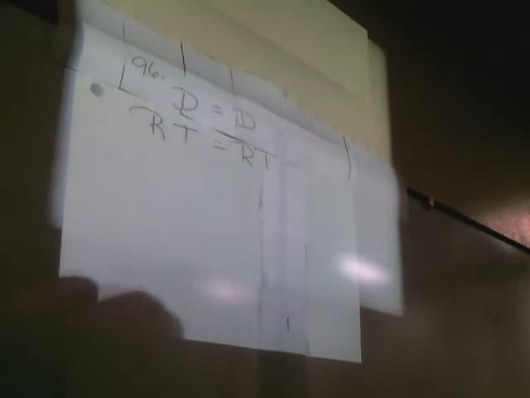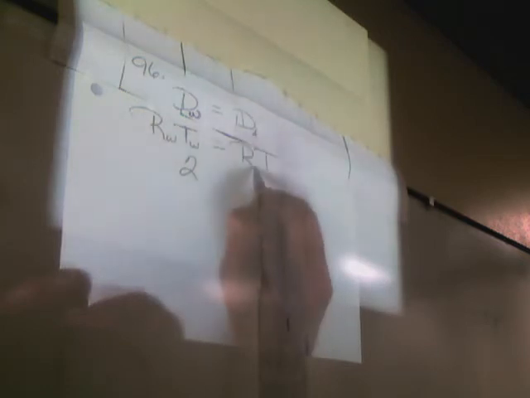It says that when you were going downstream with the current, it took 2 hours. So we're going to do the rate times time with the current. With the current, it took 2 hours. When it was going against the current, the time was 3 hours.